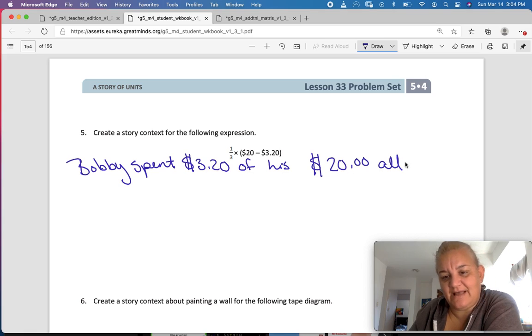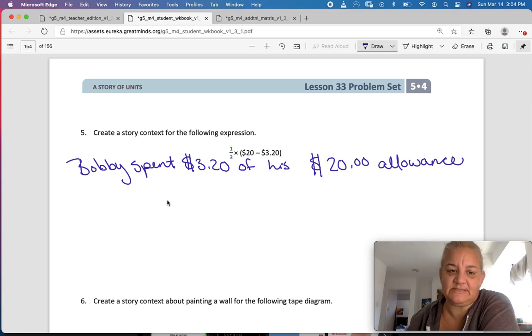If you don't get an allowance, allowance is what your parents might pay you to do your chores around the house, like take out the garbage or wash the floor, wash the dishes. Okay, so he spent $3.20 of his $20 allowance.